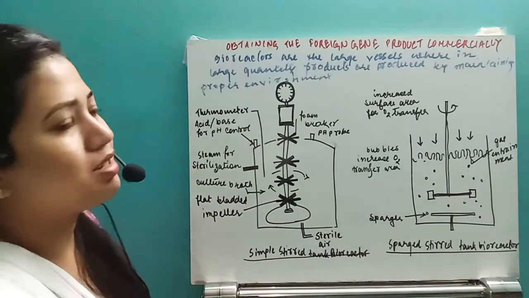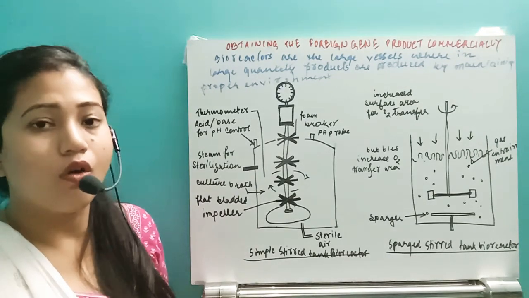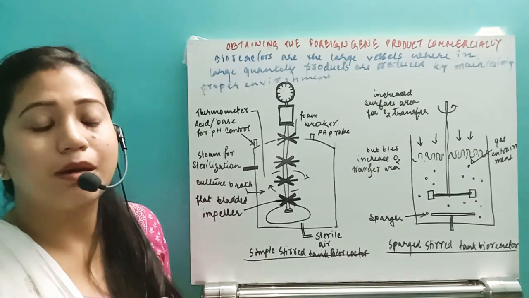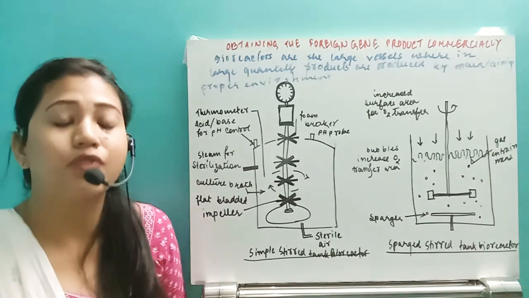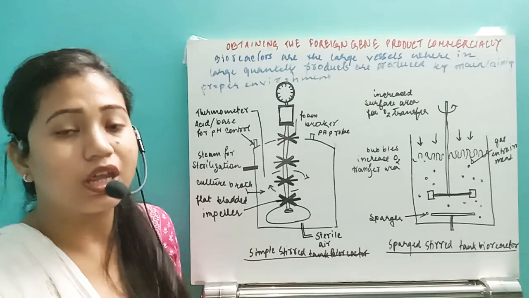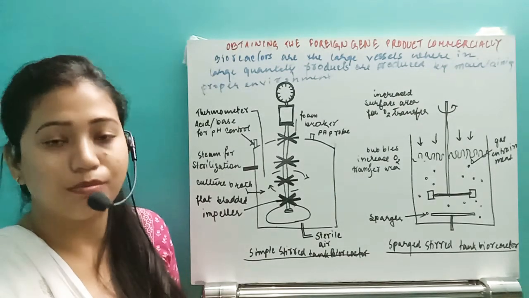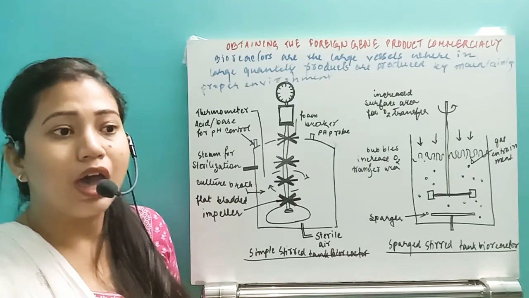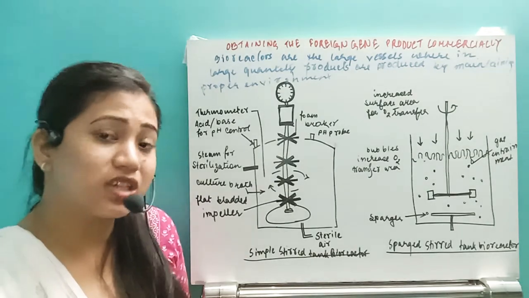These bioreactors are large vessels where we continuously supply fresh nutrients. Those nutrients will be taken up by the host, and the host will grow properly in controlled temperature, controlled aeration, and controlled pH, so that the pH can be maintained.